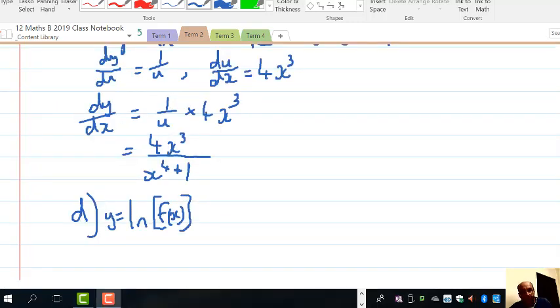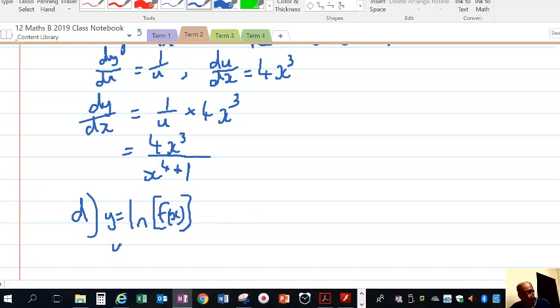The last one is a special one, especially if you do Specialist Maths as well. It says y equals natural log of some function of x, so some generic function. So we're going to get some general result, and it is a significant one. So we just go about what we do. Alright, so we let y equal log of u, where u equals f of x.